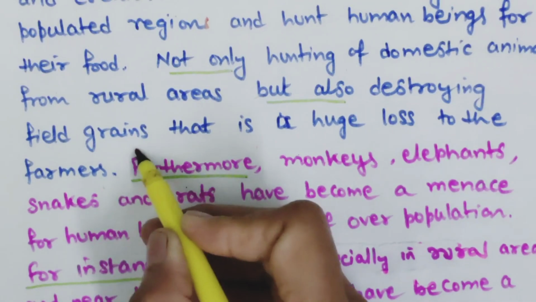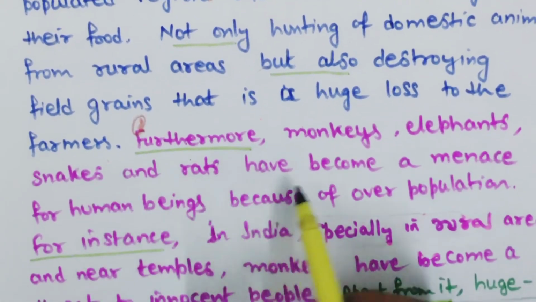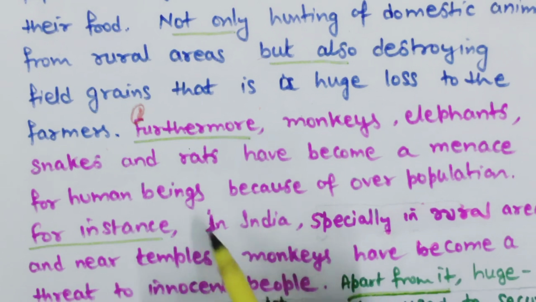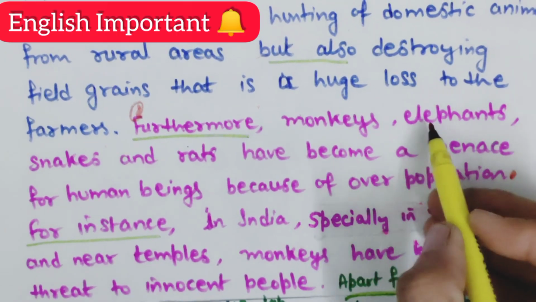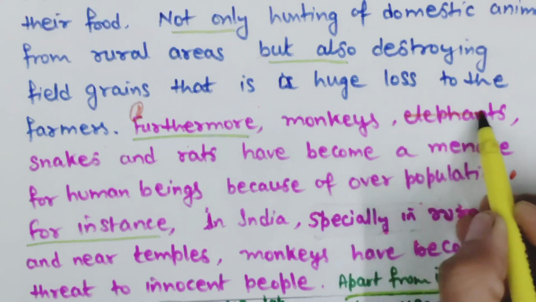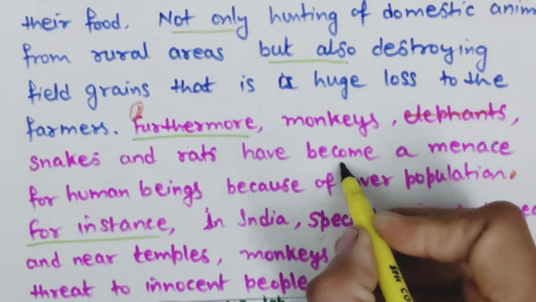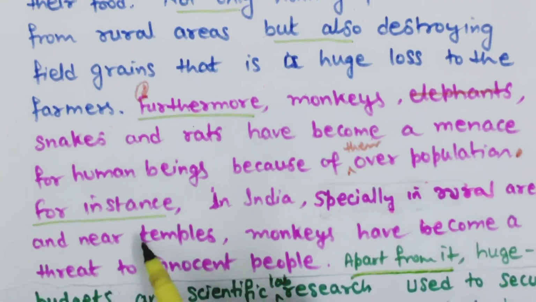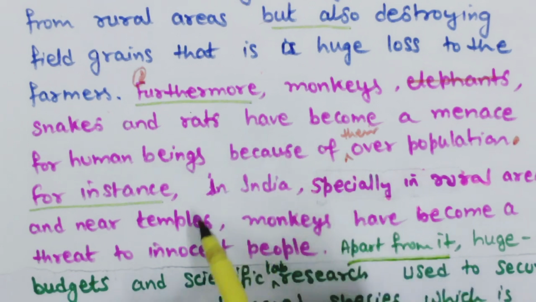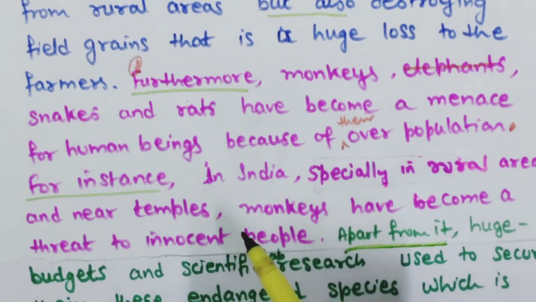So now the second point. Furthermore, monkeys, snakes and rats have become a menace for human beings because of their overpopulation. In fact you can cut elephants because these are not overpopulated. For instance, instead of giving an explanation of this point, I have used an example.